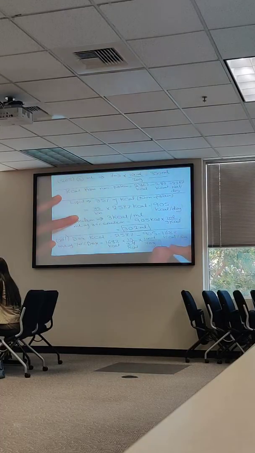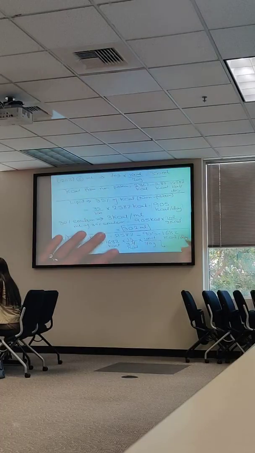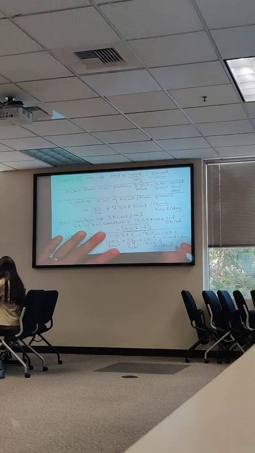So with that, how many milliliters do I need? Times 100, divided by 3.4, divided by 70.